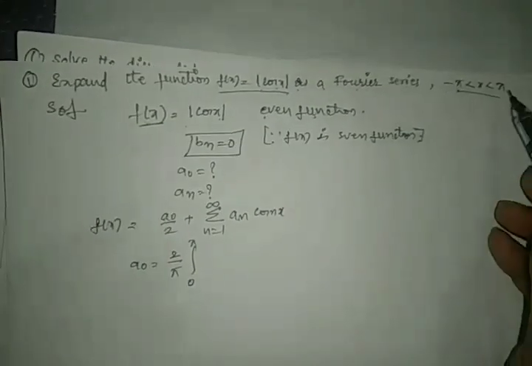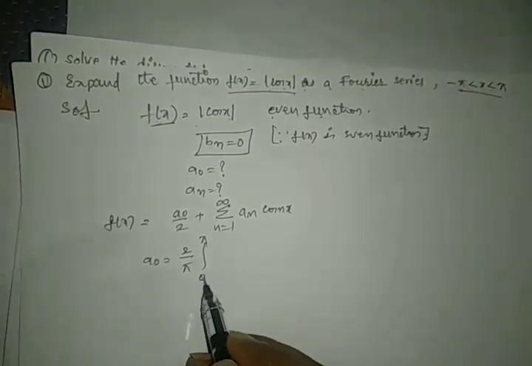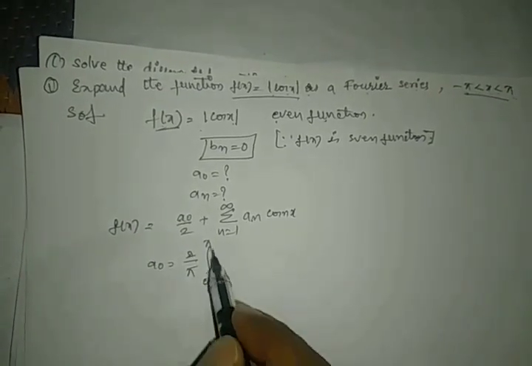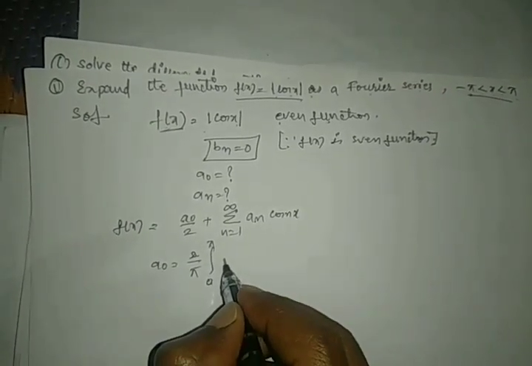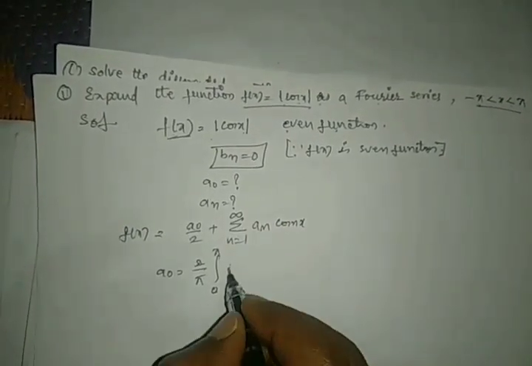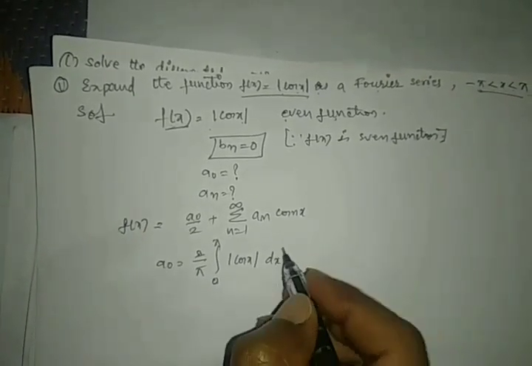Here the given limits are negative to positive. So if the limits are negative to positive and it is an even function, we must write 2 by pi integral 0 to pi f of x, that is mod of cos x dx.